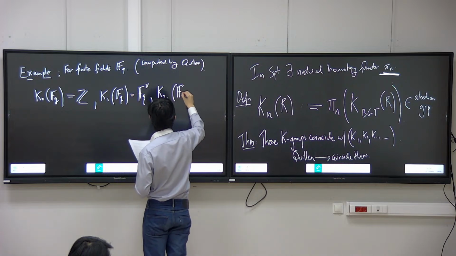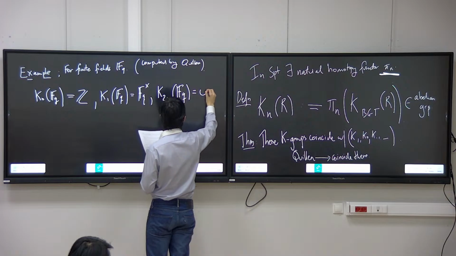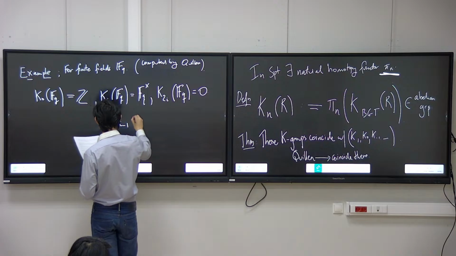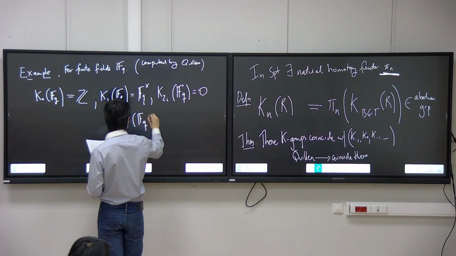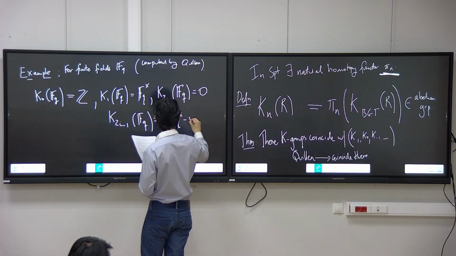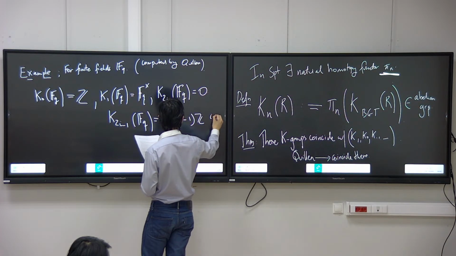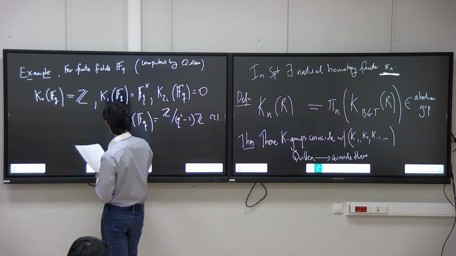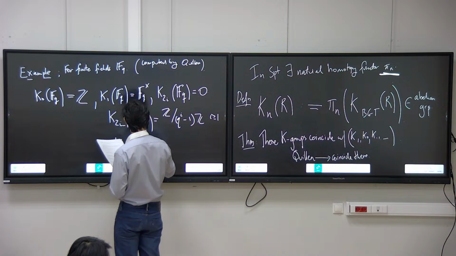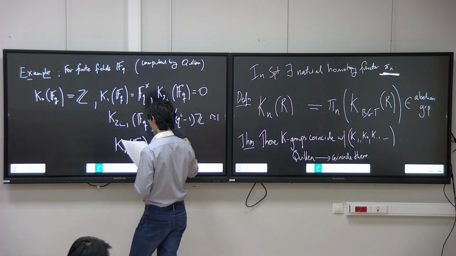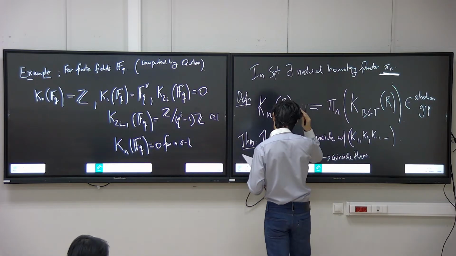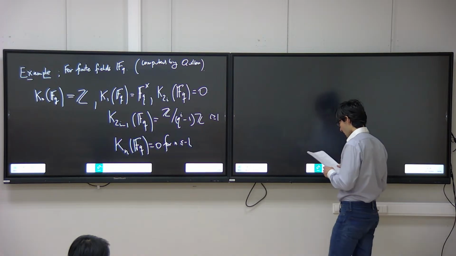And the even K groups of F_q are 0, and the odd K groups are some quotient, for i greater or equal to 1, and negative K groups are 0. Again, to compute this, you need maybe a quadratic reciprocity theorem, but I can't remember off the top of my head.